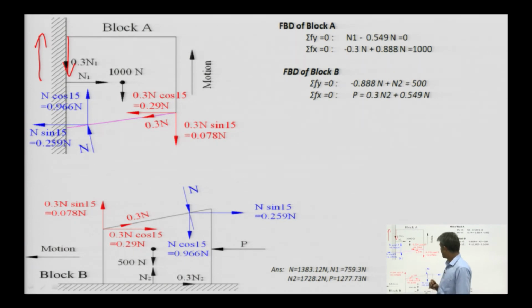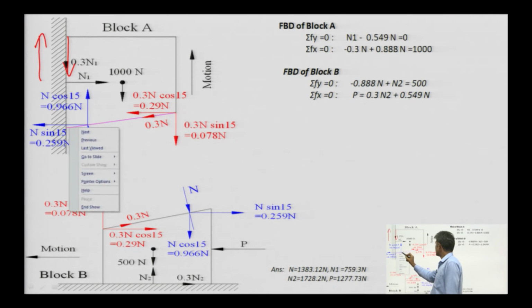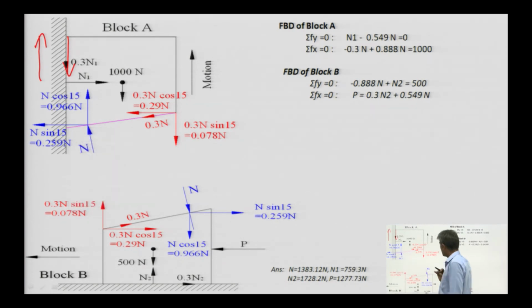Another force is the normal reaction at this surface. This one and this one will be equal and opposite, because both blocks are contacting each other. So, at 90 degrees with this surface, N and N will be here.